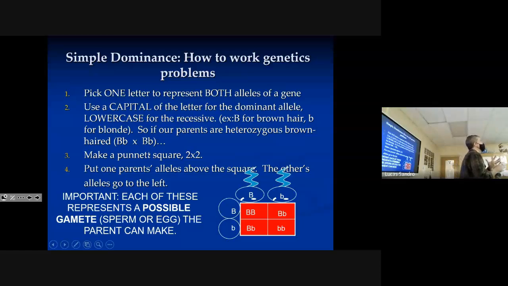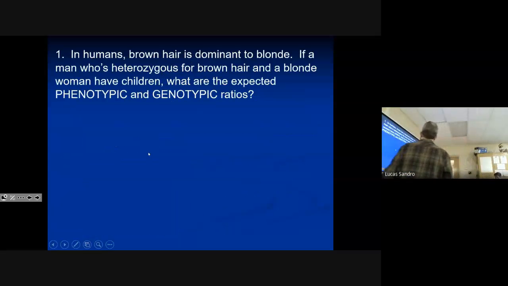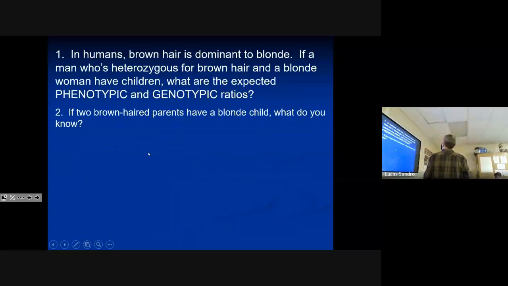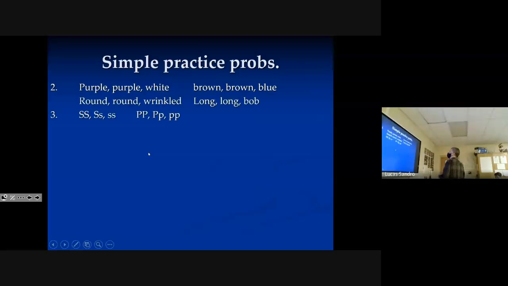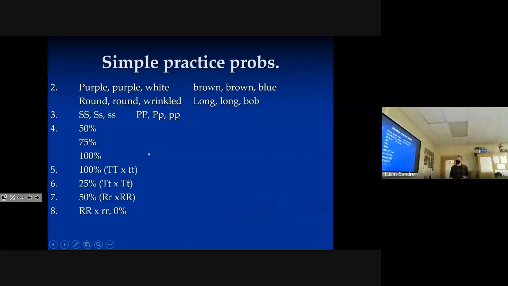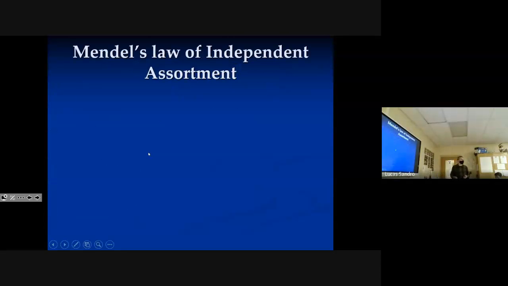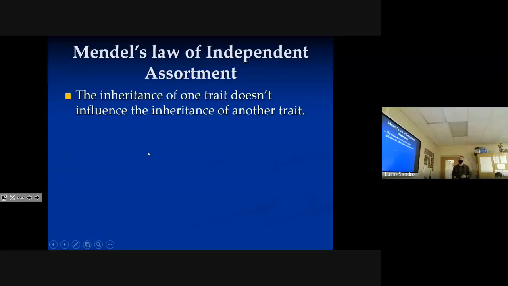Just because you get the big P for purple, is that going to influence whether you get the big P for height? Do they travel together somehow? That's his question. And what he discovers is, at least in the case of the traits that he picked, no, they do not influence each other.